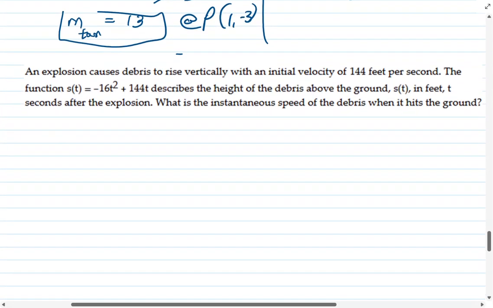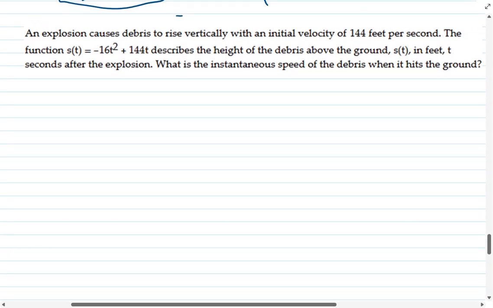All right. So here we have an explosion causes debris to rise vertically. And in this case, with the initial velocity of 144 feet per second. And so I have this moving function. Remember, anything with an S is a moving function.